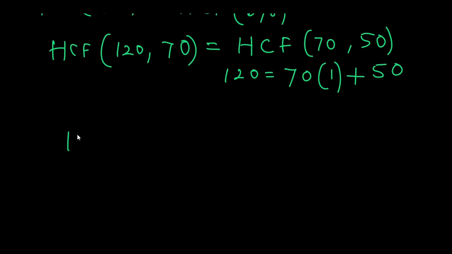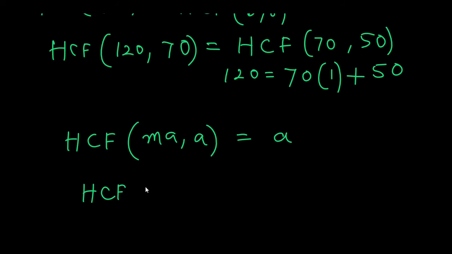Also we know that for two numbers where one is a multiple of the other, MA and A, the HCF of MA and A is A. Suppose the HCF of 8 and 16 is 8.